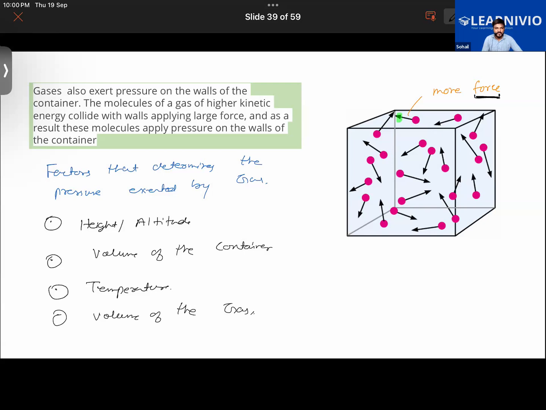Getting it, guys, everyone? These are the factors that will determine the pressure exerted by the gas. Any confusions in this? Please let me know.